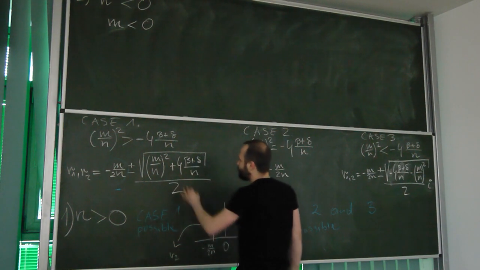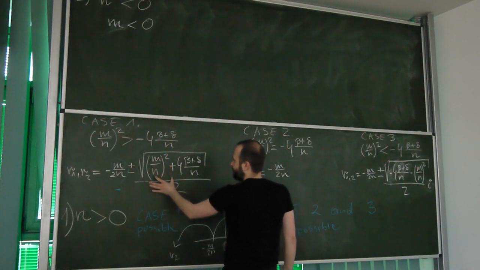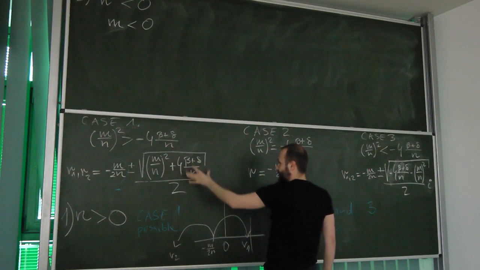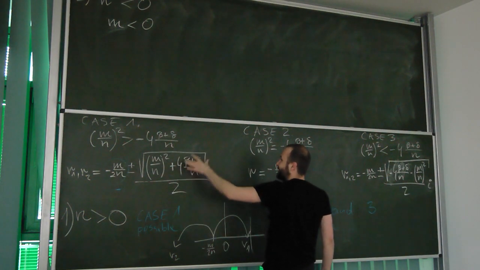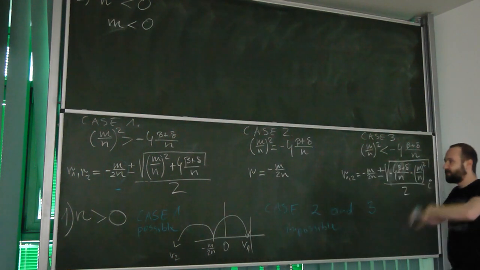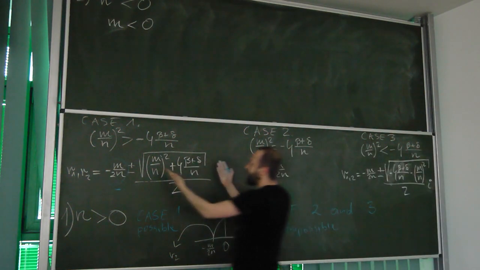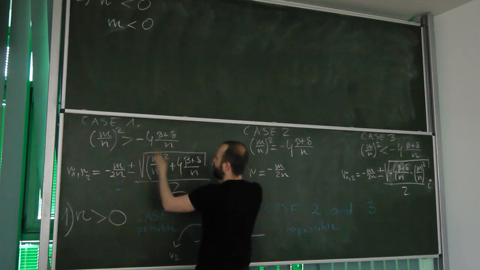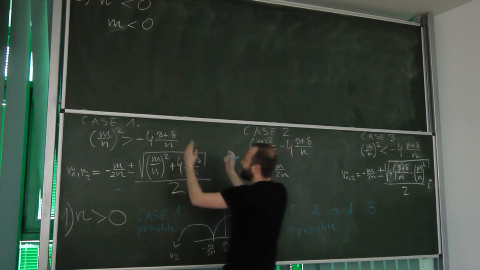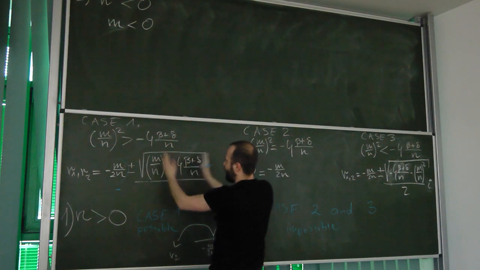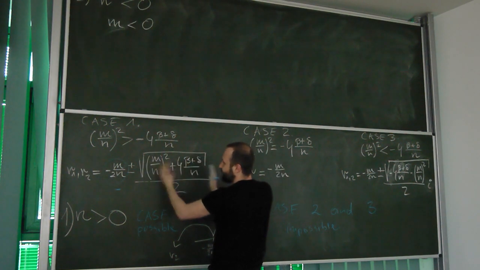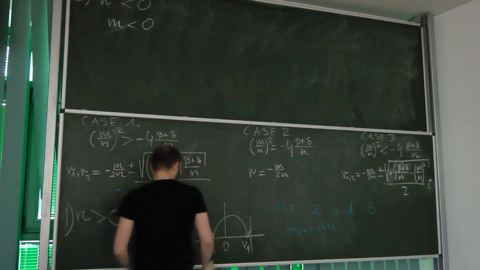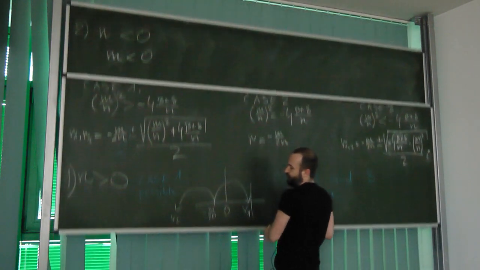And now, what do we see over here? This expression is clearly positive, but this expression is clearly negative. So look, now we have the opposite situation. The sum of these two expressions, because one is positive, one is negative, must be a smaller number. And this means that this number is definitely smaller than this one in terms of absolute value.